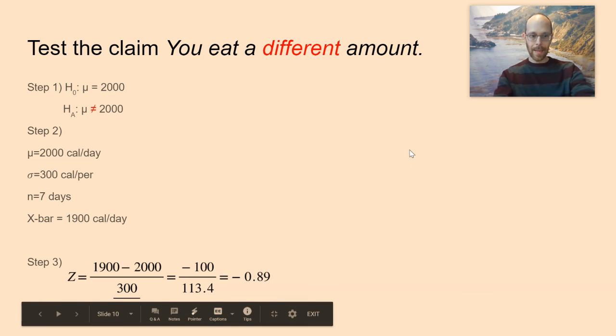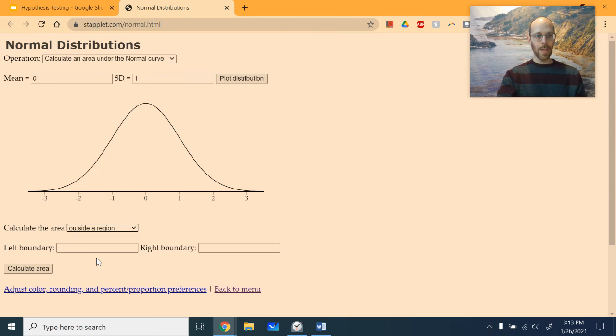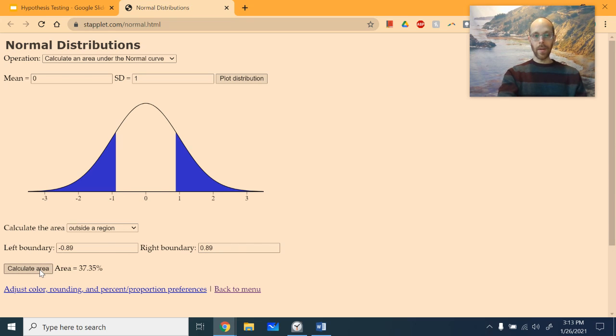But here's the thing that happens that is different. When you run a two-sided test, you need to come here to Statlet and choose outside the region. Your left boundary is going to be the negative 0.89, and your right boundary is going to be the 0.89. And then you calculate your area. So it's going to give you two equivalent areas on either side.